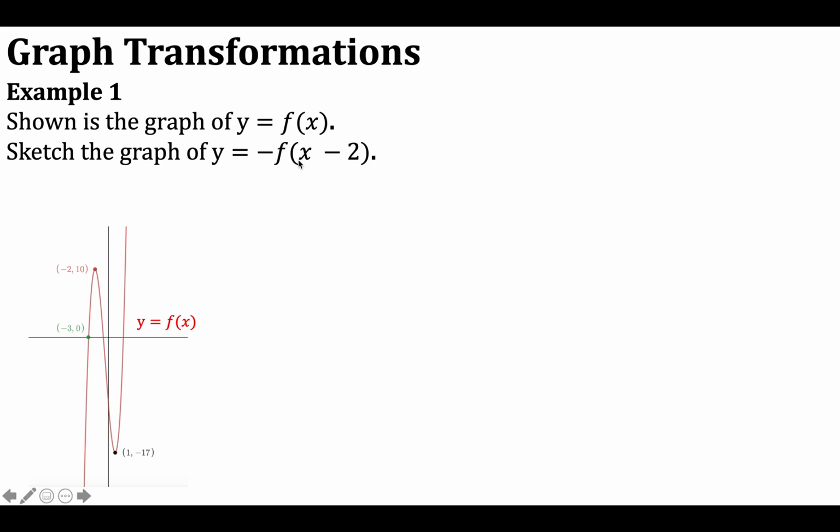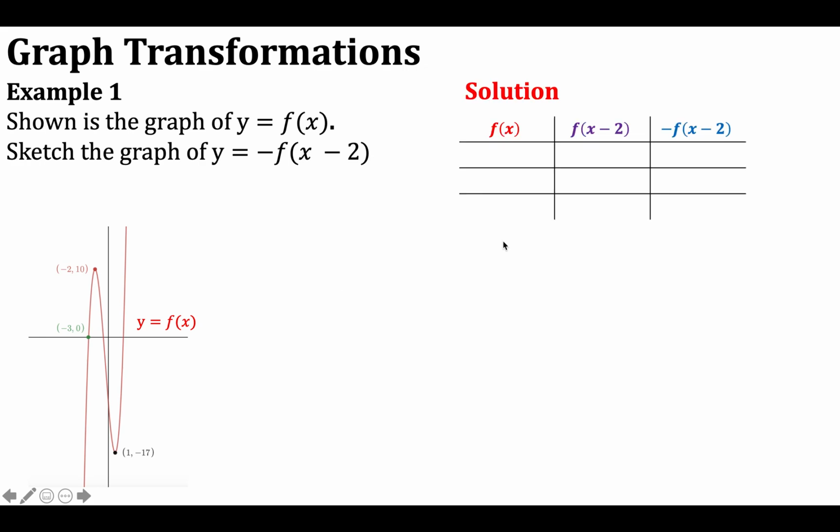Firstly here we do have the brackets, so we'll deal with this part first, then we've got multiplication outside. So we're going to set up a table, and we'll start with f of x, then look at the brackets first, so it's f of x minus 2, and then we'll look at the multiplication of the negative 1.